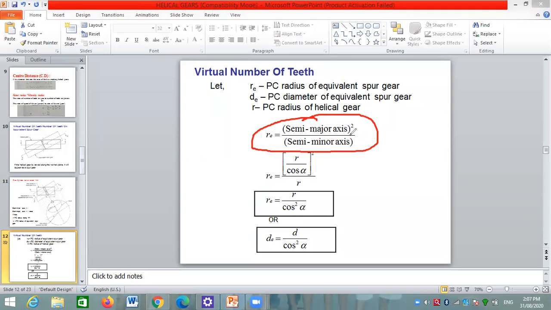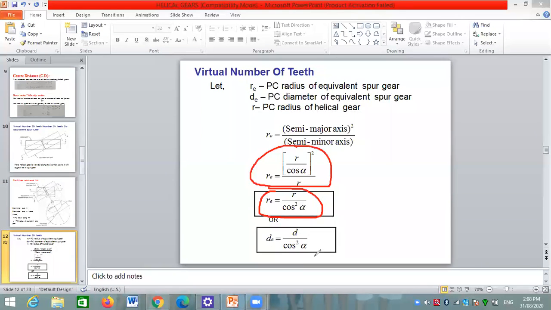From the equation, semi major axis is R upon cos alpha and semi minor axis is R. So RE is equal to (R upon cos alpha) whole square upon R, and if we simplify this, we get RE is equal to R upon cos square alpha, and DE is equal to D upon cos square alpha. This is the equation for the pitch circle diameter of the equivalent spur gear.